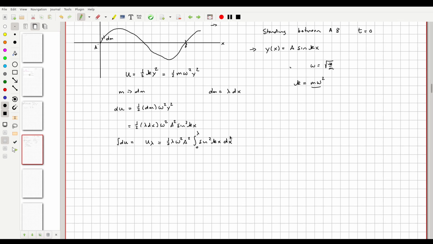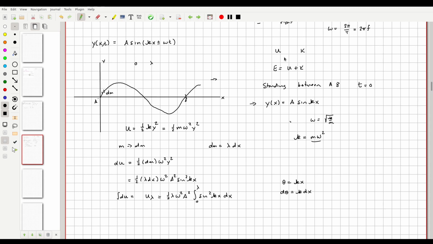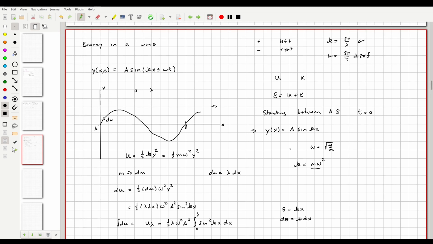Now I'm going to make a substitution here. I'm going to call theta kx. So d theta is going to be k times dx. Once again, remember that this k right here is not the same thing as the k in the spring constant. It's the wave number. This is what we're looking at.